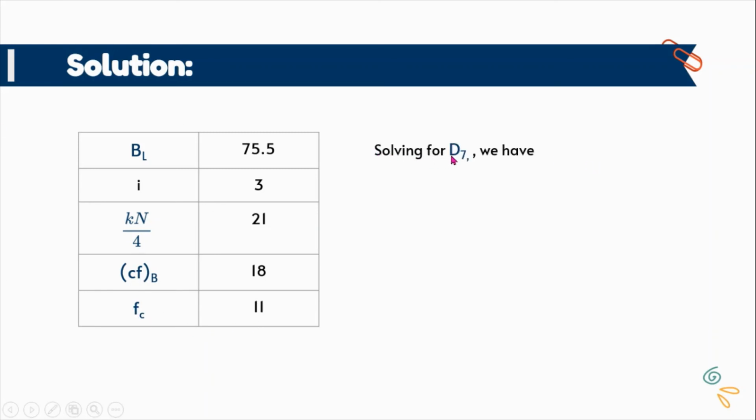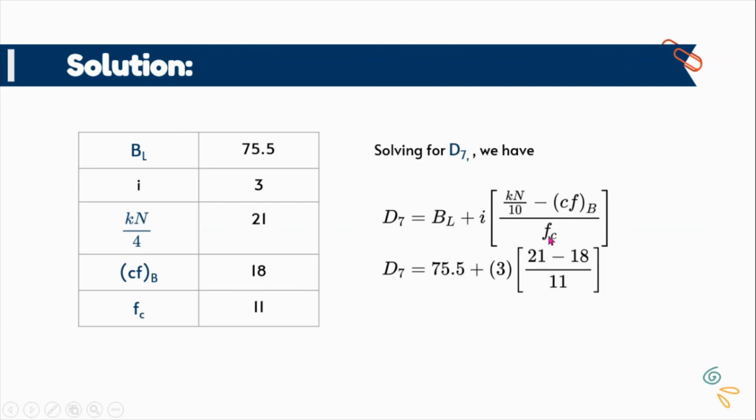So in solving for the 7th decile, or D sub 7, we have to use this formula. D sub 7 is equal to B sub L plus I times the quantity of kN over 10 minus Cf sub B all over F sub C. By substitution, the value of B sub L is 75.5.